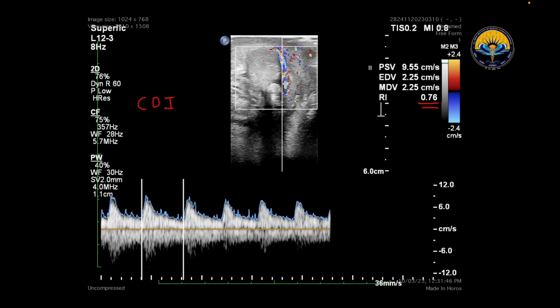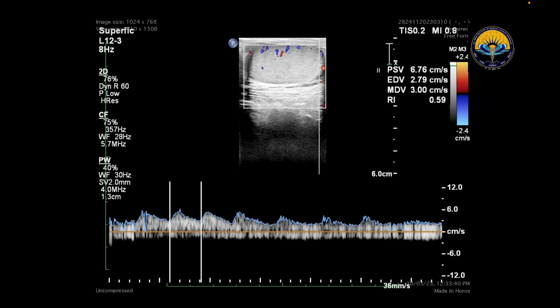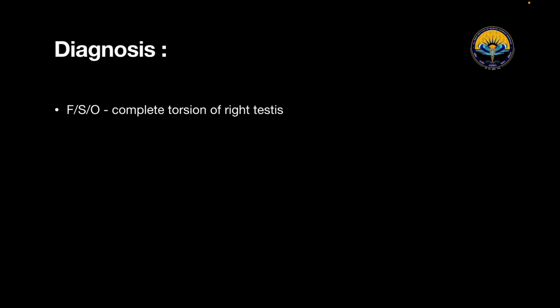This is an elevated resistive index on the right side, while in the left testis the testicular artery resistive index is about 0.59, so it is normal. Also, while doing the USG we noticed scrotal sac thickening and associated thickening of the right epididymis. So the diagnosis is that all these features are suggestive of complete torsion of the right testis.